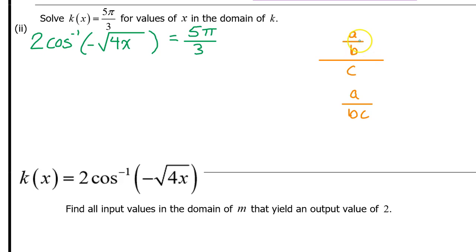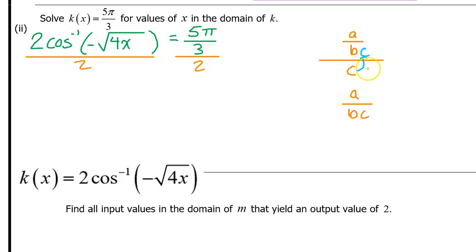In other words, if you divide a fraction by another number, whatever you are dividing by will end up multiplying into the denominator. And that's what we are about to do right here. I want to get rid of this 2 by dividing both sides of the equation by 2. But when I do that, I'm going to have this fraction divided by 2.